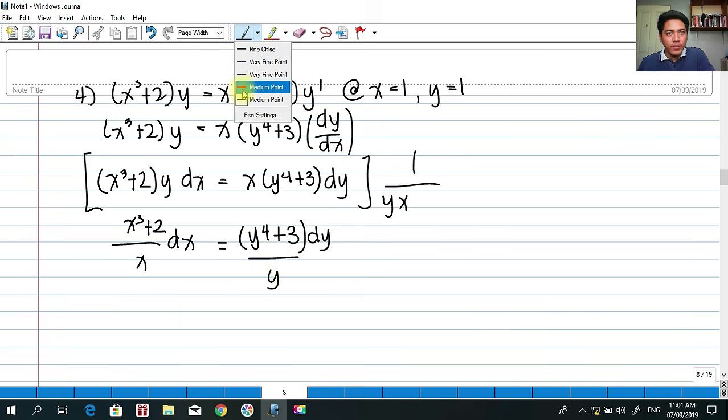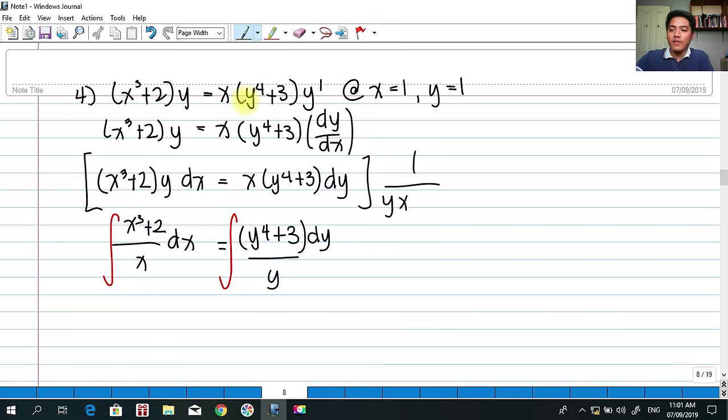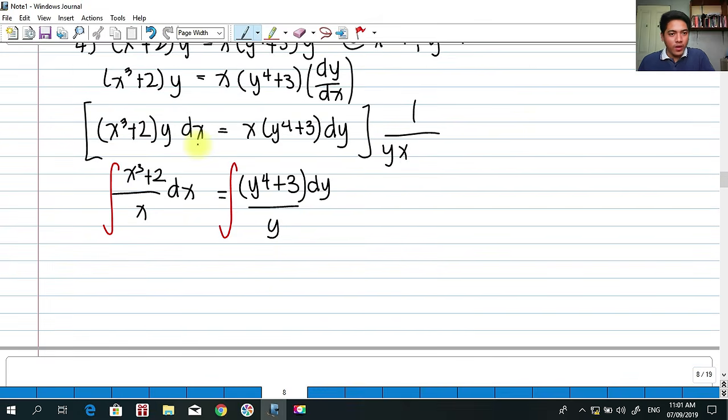And upon grouping them, the very next step is again to integrate both sides of our equation so that we can eliminate dx and dy. So upon integrating, this integral can be simplified as x cubed over x dx. We can always distribute the integral sign if we have a plus or minus here, and the dx of course plus 2. I'm going to bring this outside of the integral because it's constant. So we are left with dx over x.